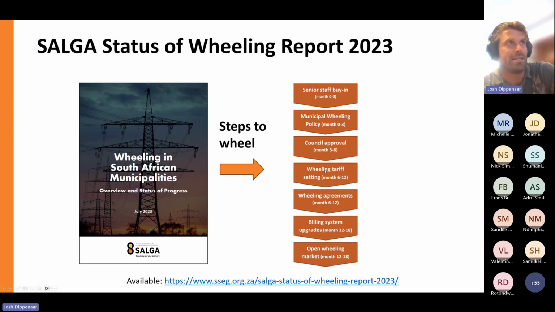We're going to be doing that and the policy today in this training. So these 2 steps can come up early. Normally you'll want to have your tariff before you do the billing system, and normally the wheeling agreements, the contracts, speak to some of these earlier things. But yeah, there's different ways of approaching it. I think the Western Cape government also suggested tariff setting come right at the start. So yeah, this is not a fixed order.